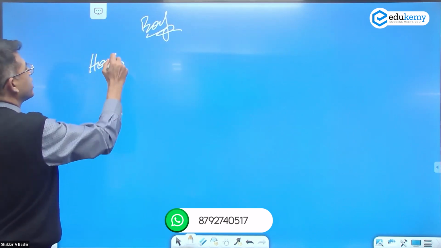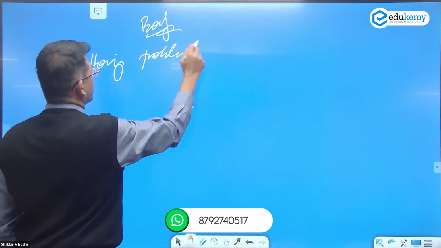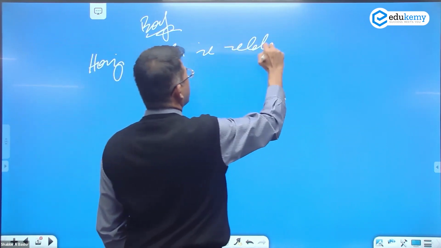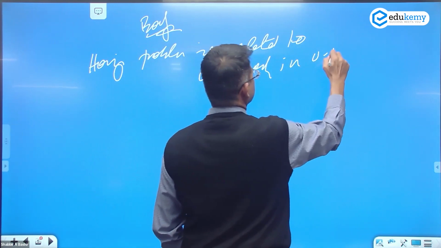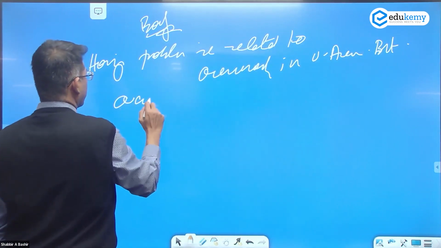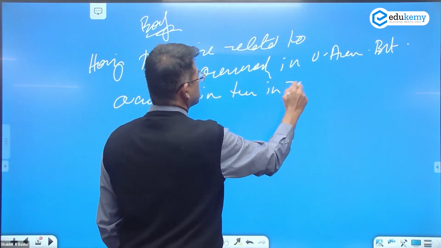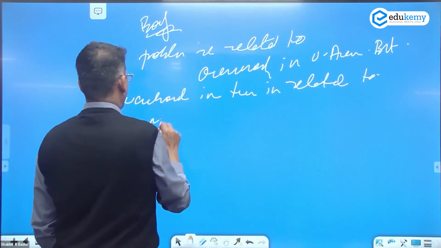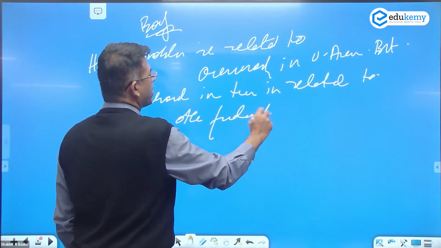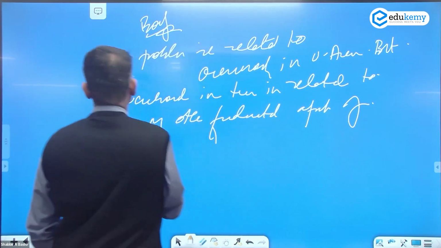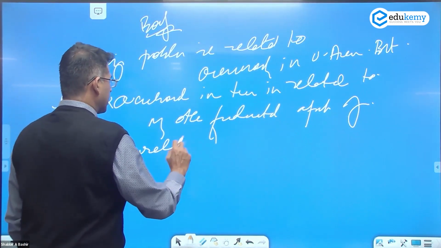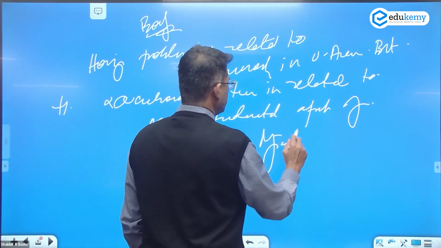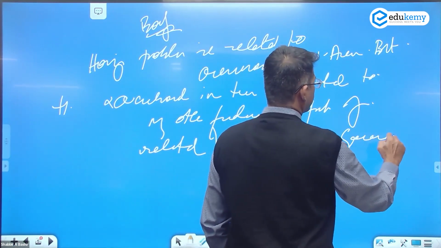So housing problems are related to overcrowding in urban areas. Okay, but the overcrowding in turn is related to many other fundamental aspects related to migrations and governance issues.